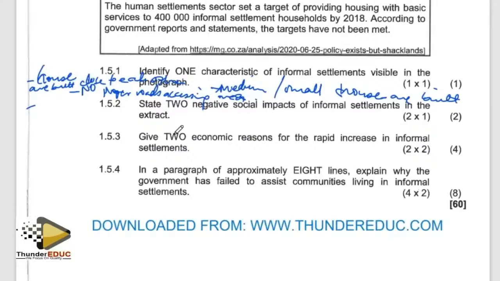Okay, state two negative social impacts of informal settlement in the extract. In the extract, what are the negative social impacts? Aspects like rapid spread of diseases, that is social.